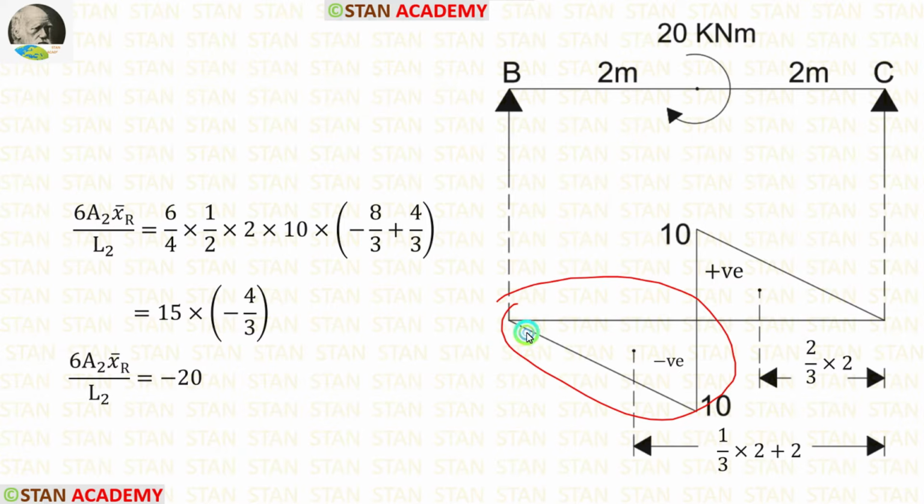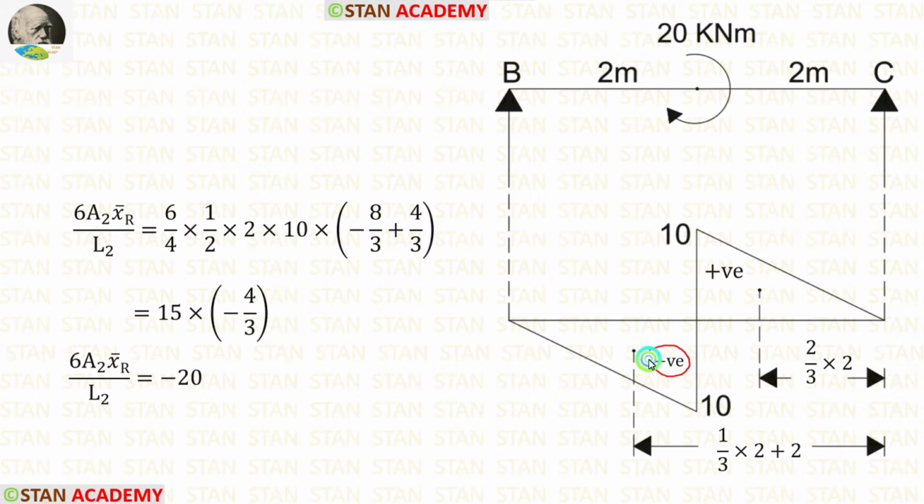For this triangle, the centroid is 1 upon 3 into breadth. But we are calculating the centroid distance up to the point C. So we have to add this 2 meter. So for the centroid, we will get 8 upon 3.